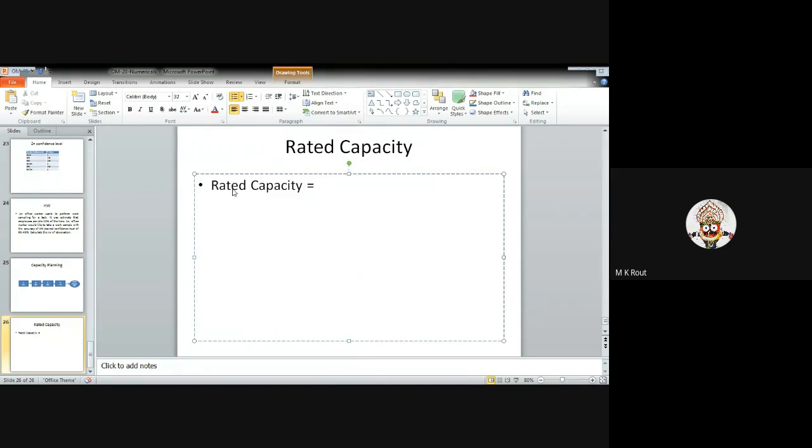That equals number of machines multiplied by machine hours per week, into percentage of utilization, multiplied into system efficiency.